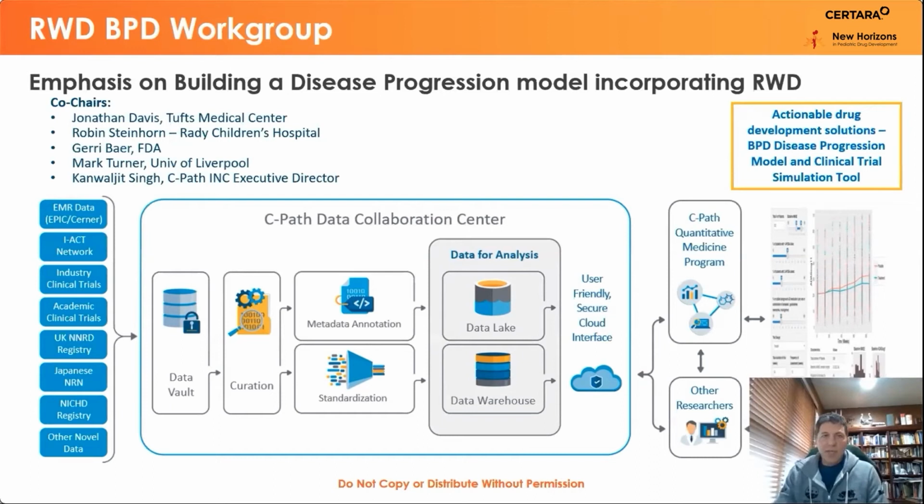What you see on the slide here is recognizing the diversity of input data that we will have contributed from electronic medical records, from natural history data, from registry data that will be accumulated. And we've already made great progress in receiving a lot of this data. So it's clearly a work in progress, but we're not skipping any steps here.